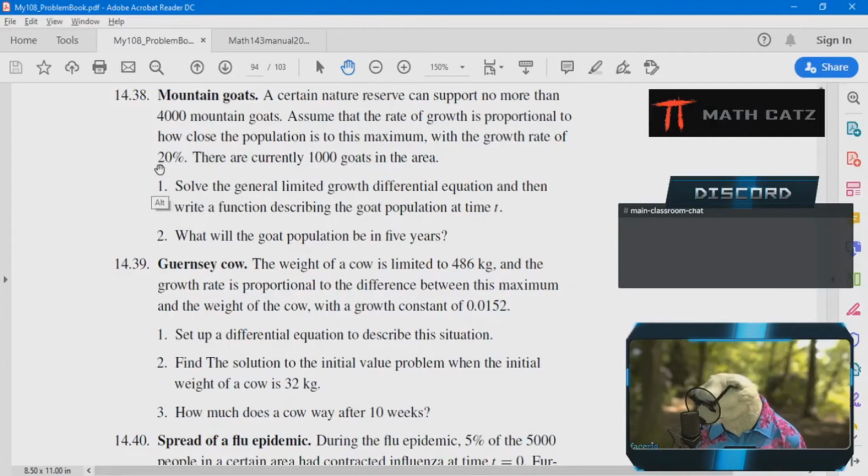So 0.2 for our growth constant. And we have a starting number of goats, our initial population size. So now you see the wording is a little different. There is a proportionality concept, but the growth rate isn't proportional to how much there is or how many there is in my population. It's proportional to how close the population is to this maximum.